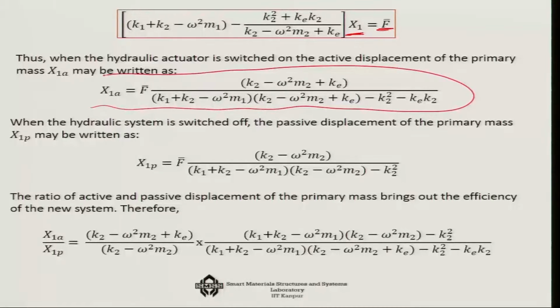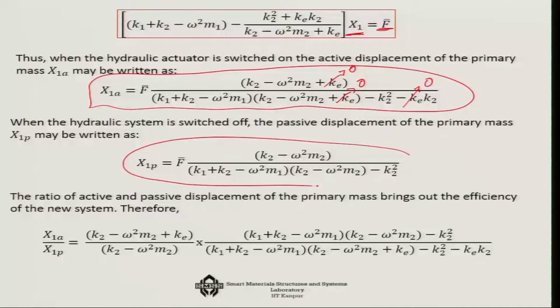You can try the same thing using these last two steady state equations, and this is what x1a is. If I put this k to be 0, then I get a simplified form where that active part is not there, the hydraulic control is not there. So, the first case we call active, the second case we call passive.